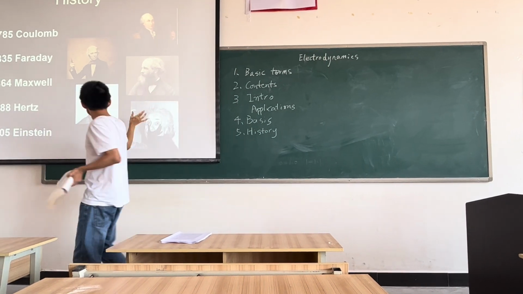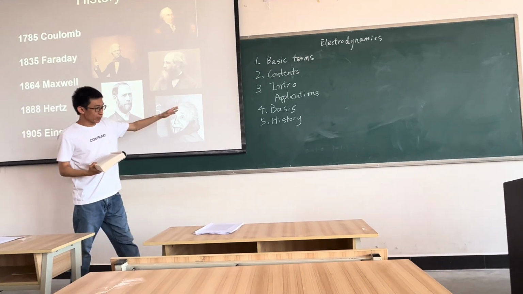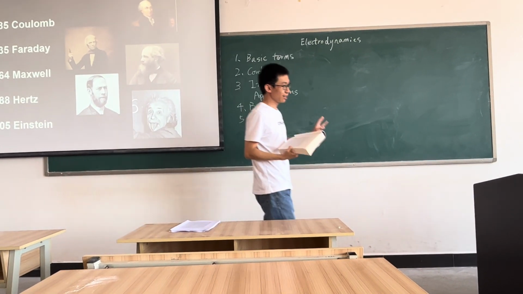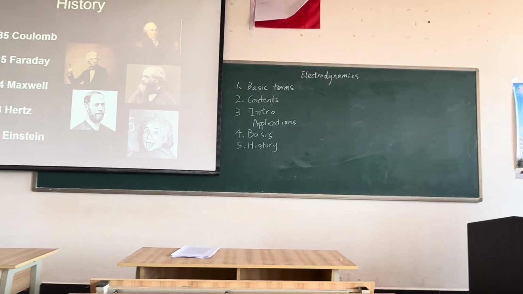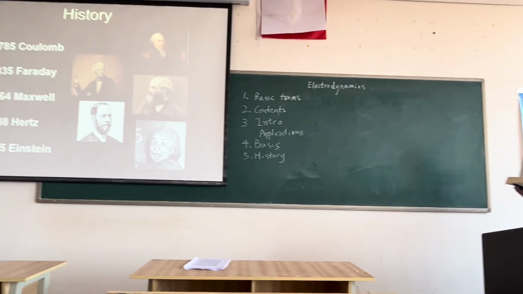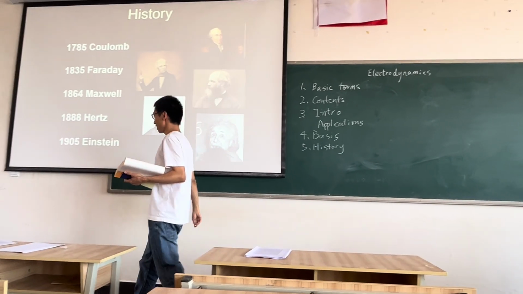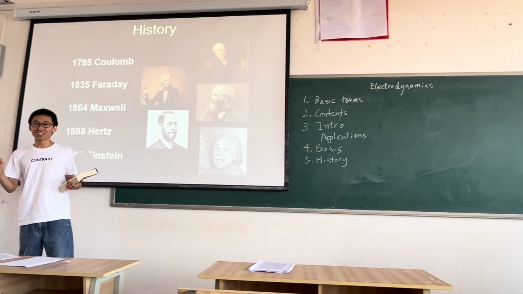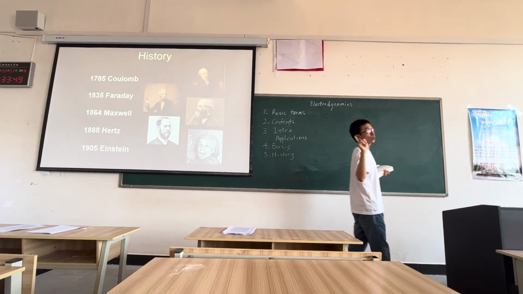We know this guy quite well. He's probably the greatest scientist of the 20th century. His name is Einstein. Can we say German? Well, okay. He's a Jewish scientist who established the special theory of relativity.